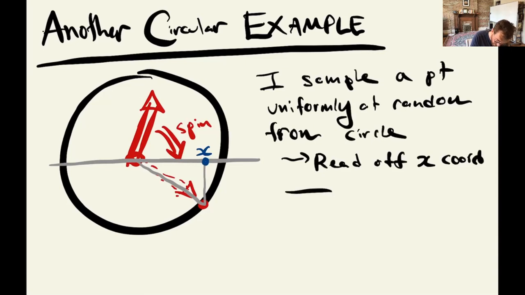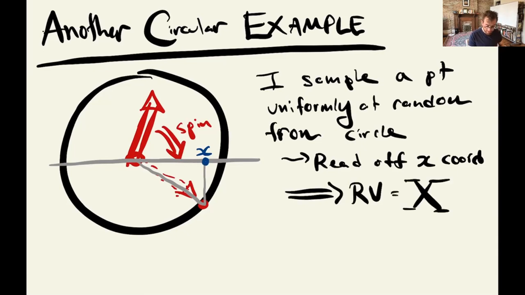So we're going to record that as a new random variable, capital X. So how is X distributed? Always the question we're trying to answer here.